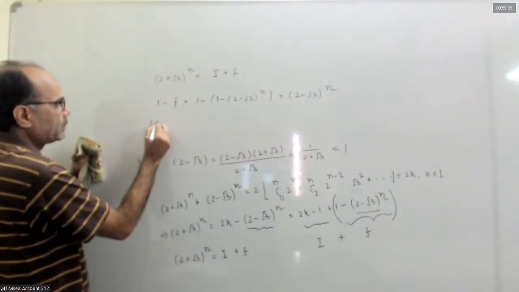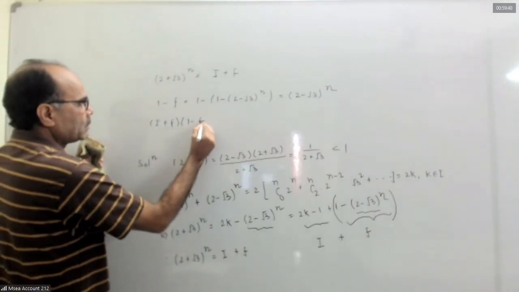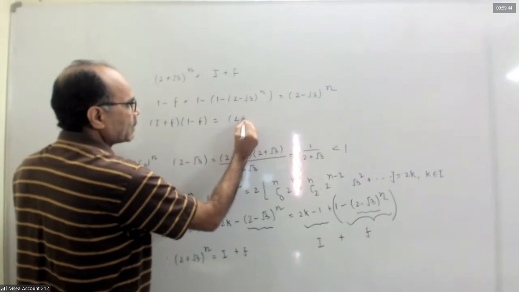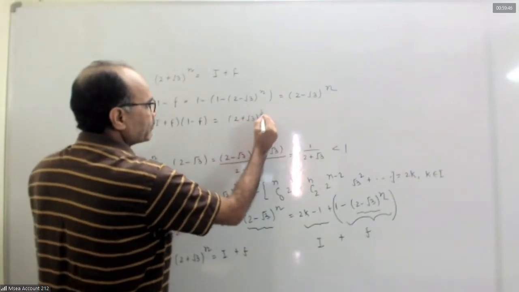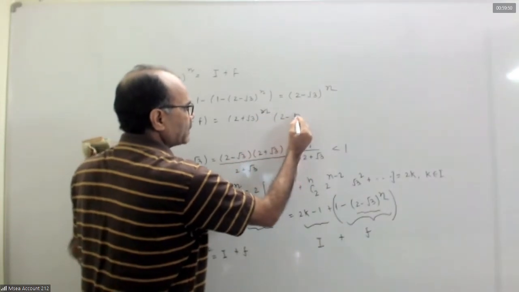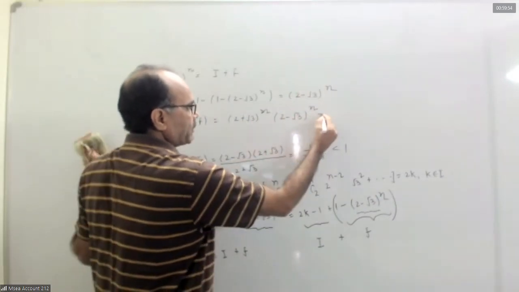I plus f into 1 minus f equals (2 plus root 3) to the power n into (2 minus root 3) to the power n. Power is same, this into this whole to the power n. 4 minus 3, 1.